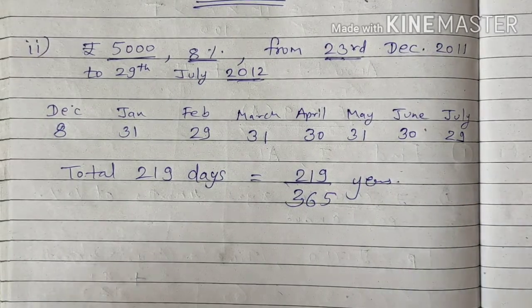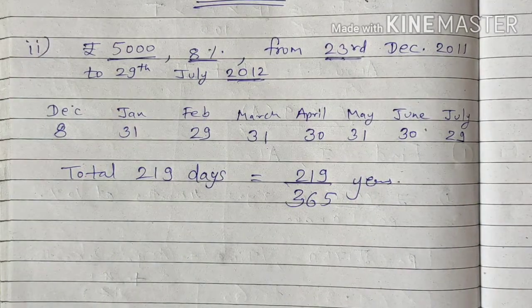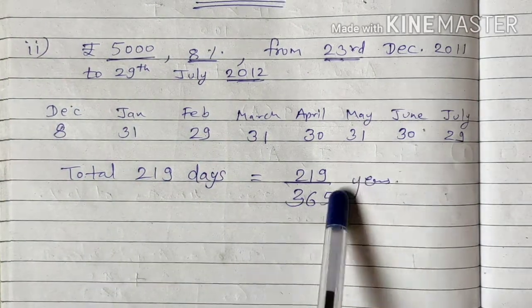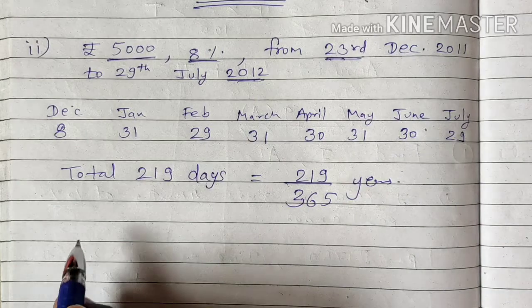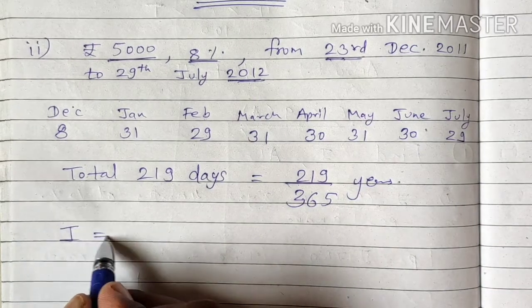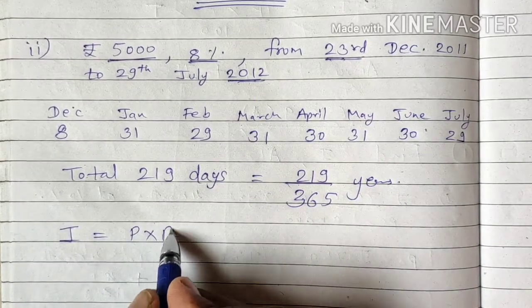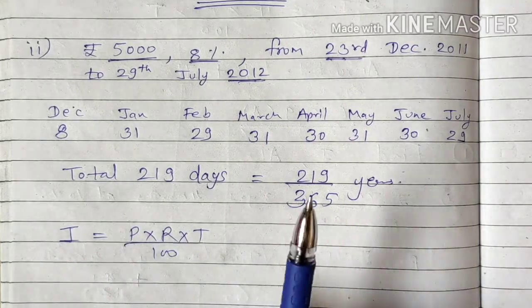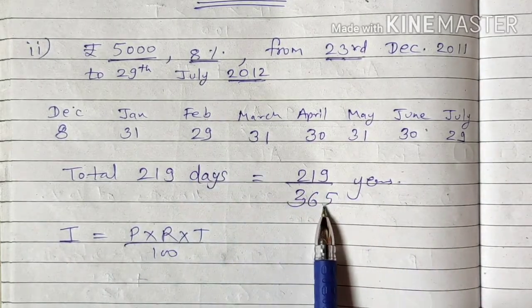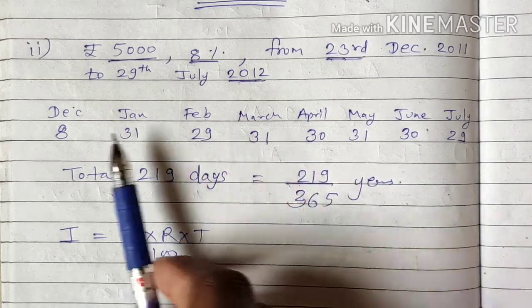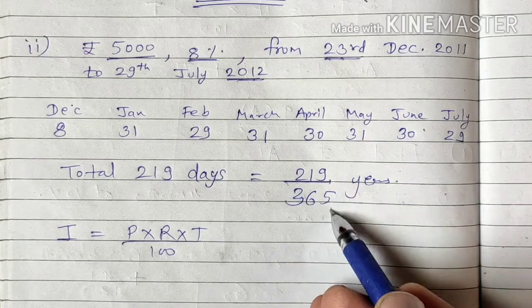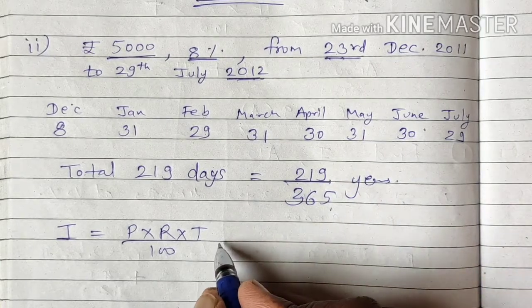Now we have converted it into years. Let us find the interest: P multiplied by R multiplied by T upon 100. Don't think about the leap year, we just divide by 365 because it is not a complete year. That is why we have taken 219 upon 365.